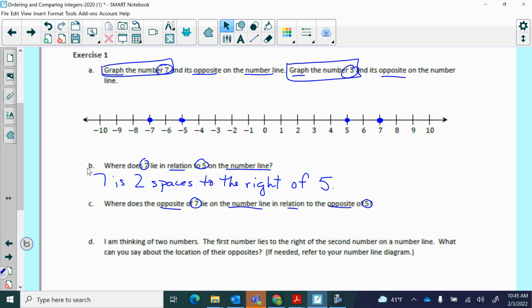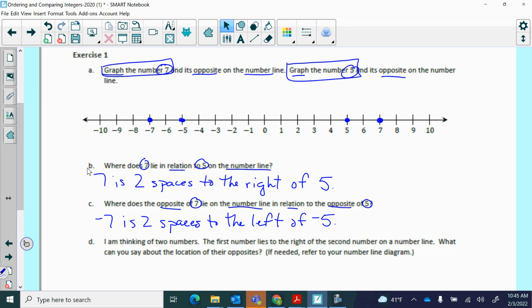Okay, so -7 is 2 spaces to the left of -5. Or another way to think of this is when I had 2 numbers on the positive side, when I looked at the opposites, the order reversed. Instead of going right, I now have to go left to get to the opposite.